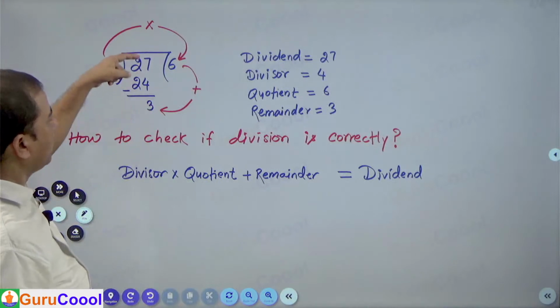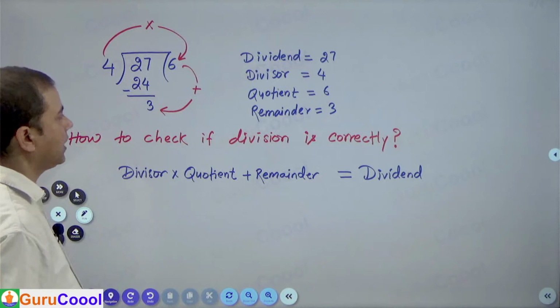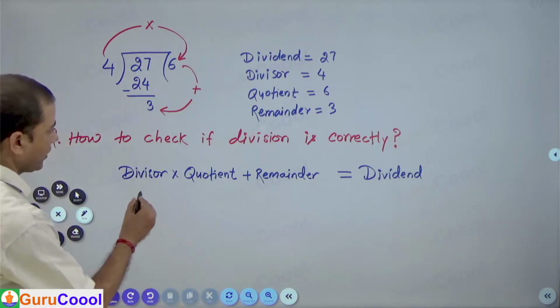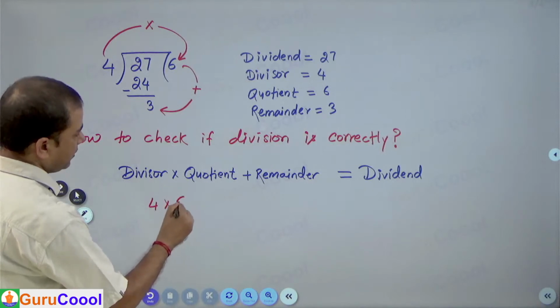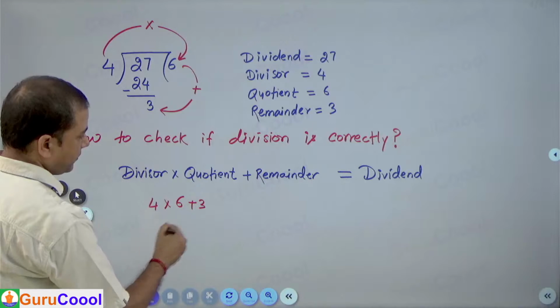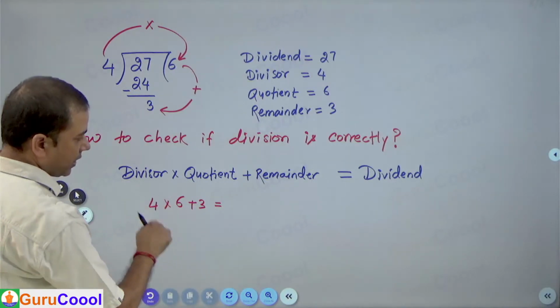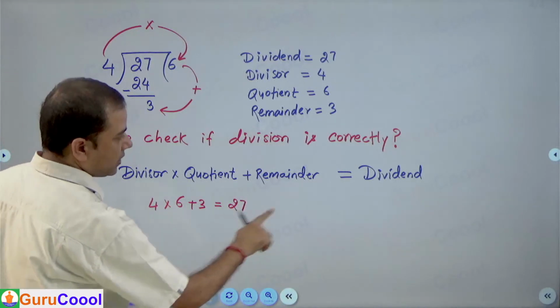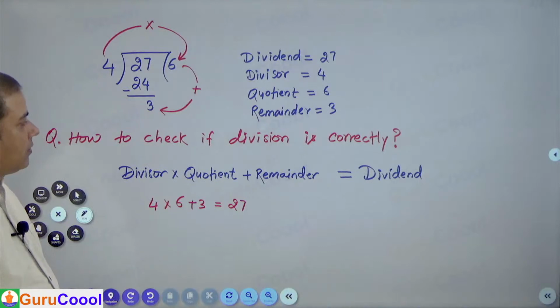If you get equal to 27, the dividend, then your division is correct, otherwise not. Divisor 4, quotient 6 plus remainder 3 is how much? 4 sixes are 24 plus 3 is 27, that is equal to dividend. Yes, it matches. That means division is correct.